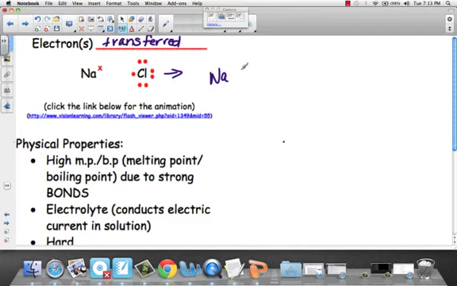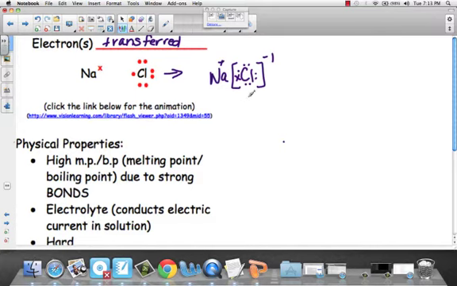So when Na loses an electron, it forms a positive ion. And then chlorine gains that electron, and when it does that, we put brackets around it, and it now has a -1 charge. So this is how we would draw the diagram of an ionic compound.